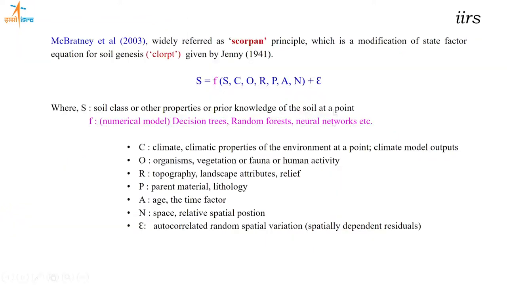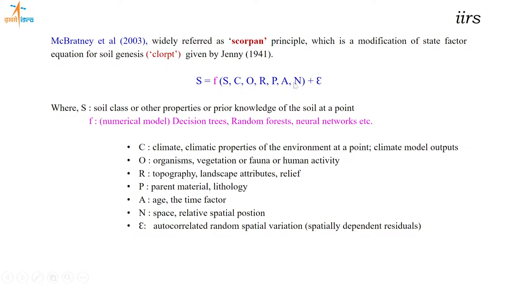In conventional soil mapping, I told you soil is a function of five factors: climate, organism, relief, parent material and time. For digital soil mapping, McBratney in 2003 gave this equation. Soil is a function of S, and climate, organism, relief, parent material and time.